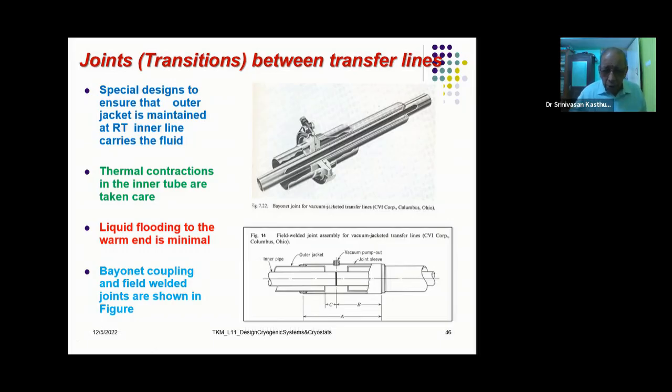Then those plates are joined together using appropriate welding arrangements. So this will again be a field welded type of joint between the two transfer lines. Okay.